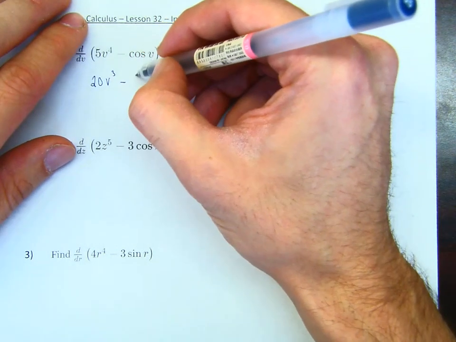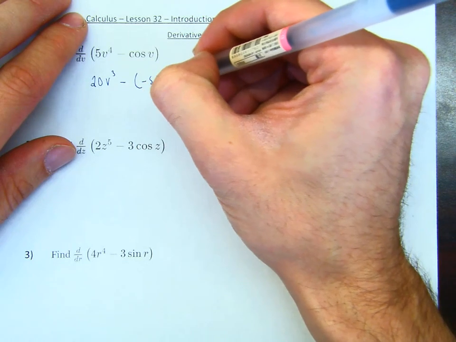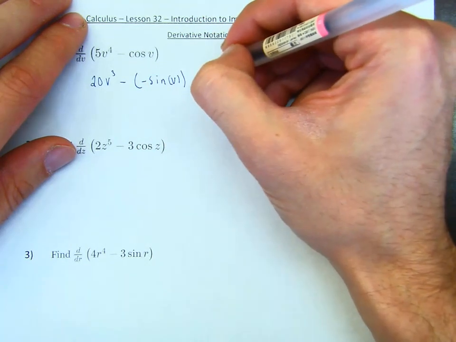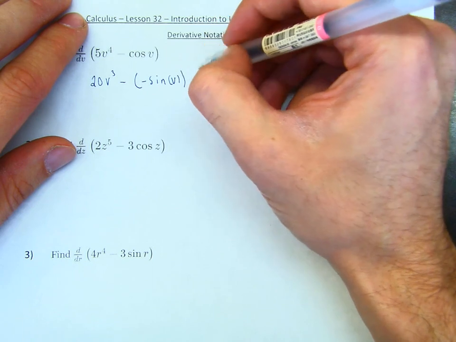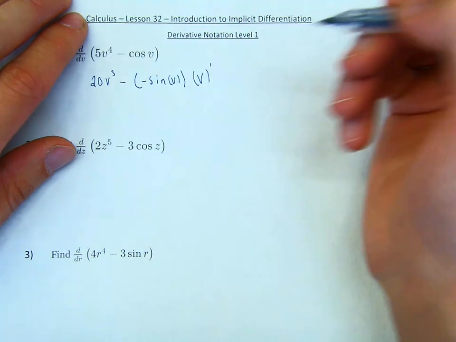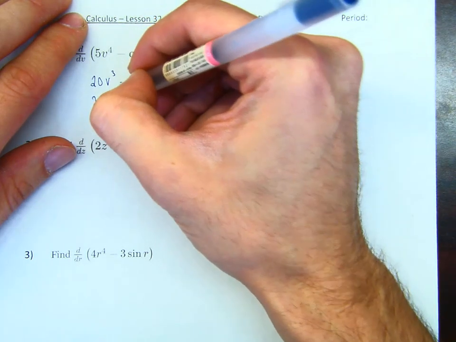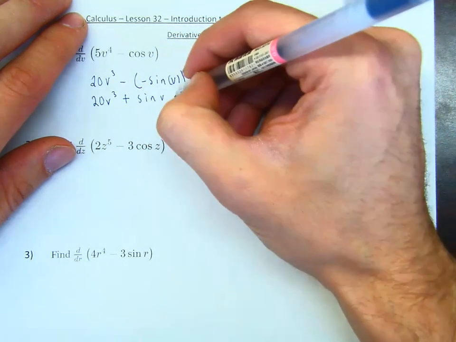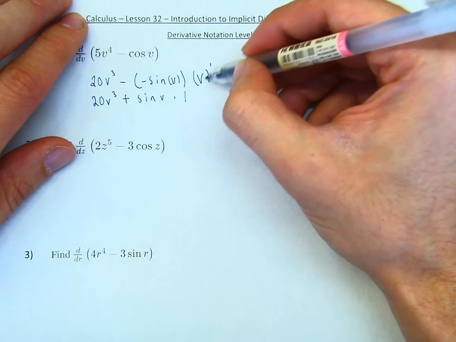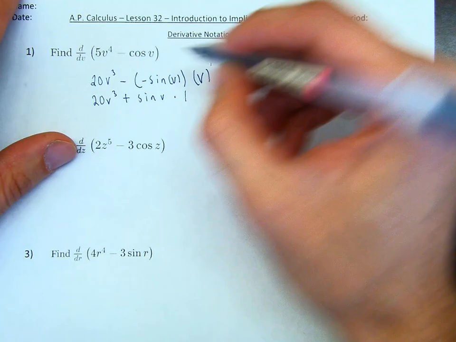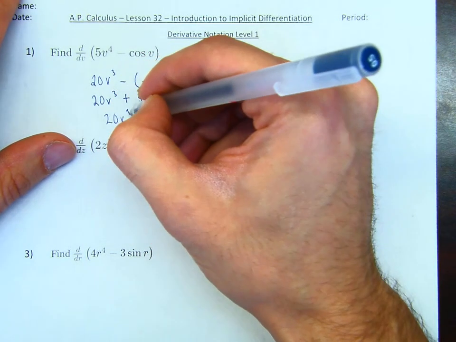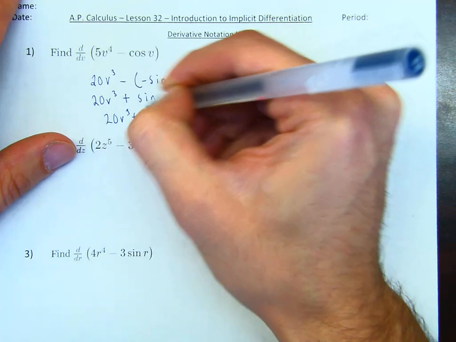It should be negative sine v, and remember you're taking the derivative of what's on the inside, so that's that v prime. So this is 20v cubed plus sine of v times 1, because the derivative of v with respect to v is just 1, so it's just 20v cubed plus sine of v.